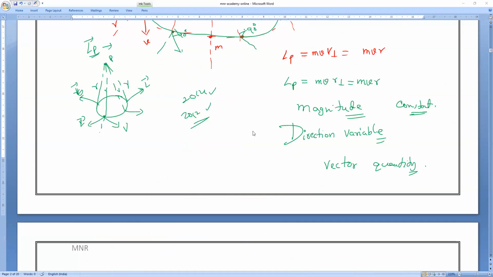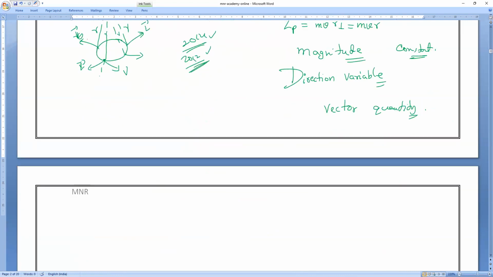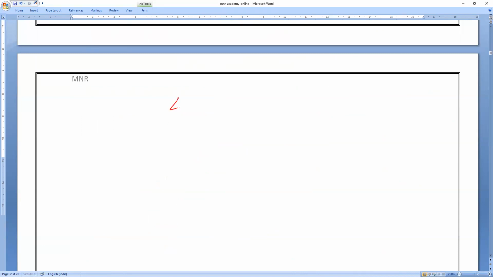Based upon this, in two years, 2014 as well as 2012, both years they asked the question. Direct question it is. So which is constant, which is not constant. In linear motion, all of you remember, angular momentum about a particular point has constant magnitude, but what is variable, everybody? Direction is variable.